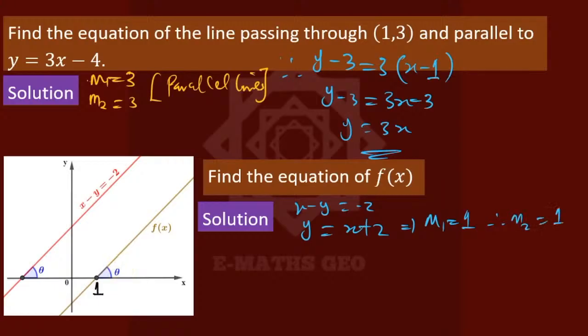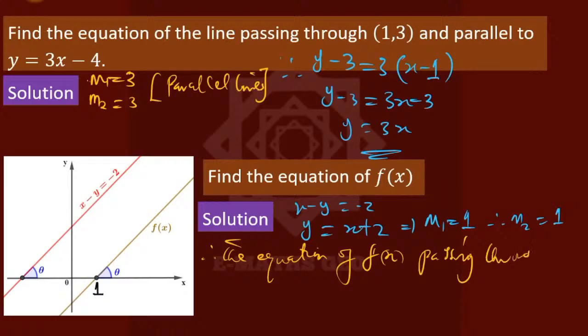So the equation of the line we are looking for, of f of x passing through the given point (1, 0), as you can see, is y minus 0 equals the slope, 1, times x minus 1.